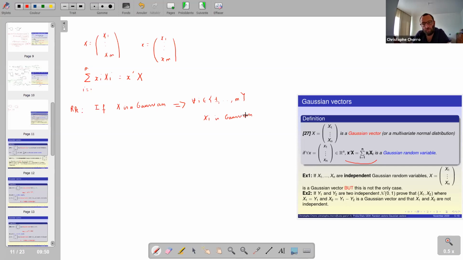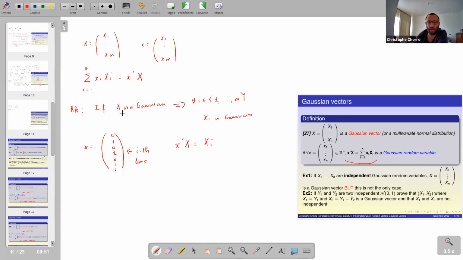Why do I have this? Typically, if you take for x the following vector, you have 0 everywhere except a 1 at the i-th line, and if you do x prime X here, you obtain simply Xi.